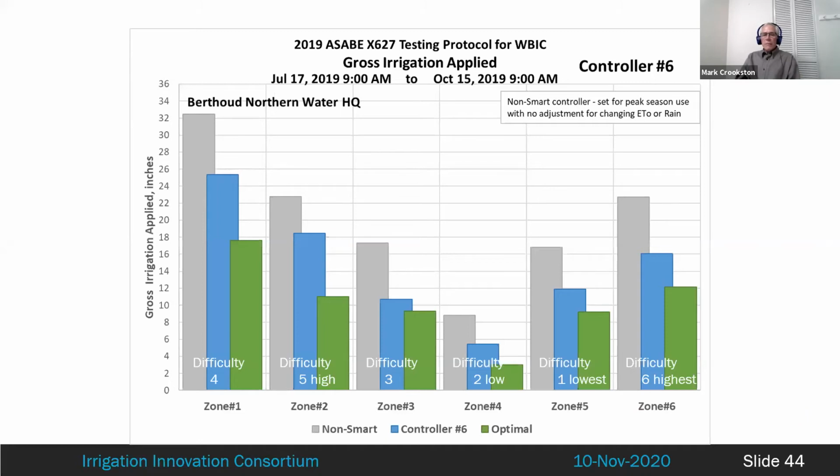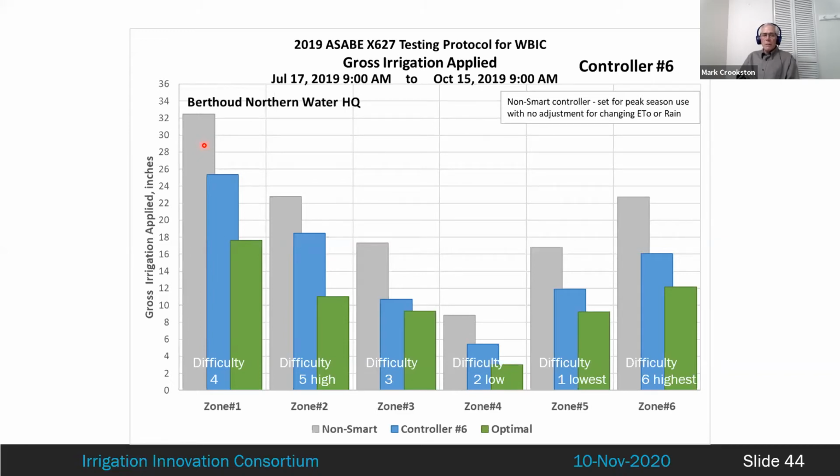So for each virtual zone, the gray bar represents gross irrigation by a non-smart controller through that 90-day period. A non-smart controller would be one that is typically fired up in the spring and programmed to water well in July and August, and then it's not touched again until it's shut off in the fall. So this is non-smart. It's not reacting to the weather or to rainfall.